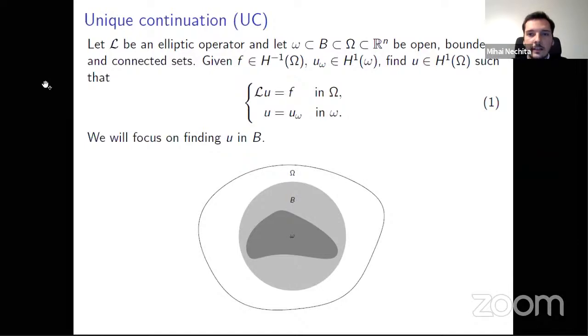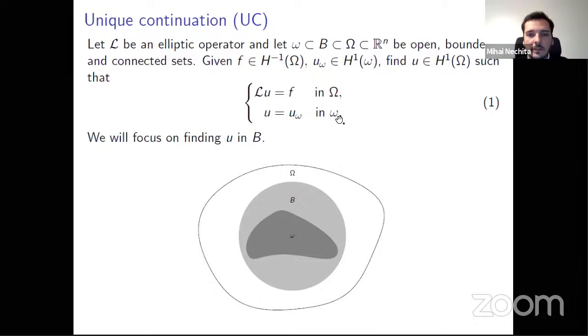So first, let me start with an abstract formulation of a unique continuation problem. For this, let's take some open bounded and connected sets in R^n and an elliptic operator, L. And the problem reads like this. Given the data f and u_omega, we want to find a solution of the PDE Lu equals f in the whole domain, which satisfies this particular restriction, u equals u_omega in small omega.